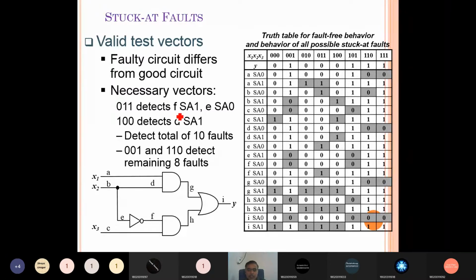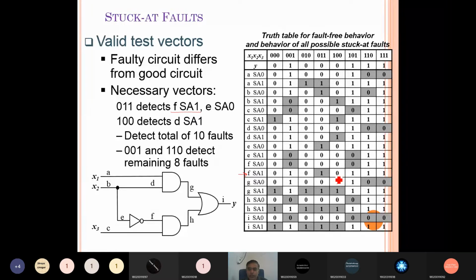So here let's say the F stuck at 1 fault, this line. For F stuck at 1 fault, first of all we have to see the row in which only one output is different from the fault-free output. You have already gone through the tabulation method in logic simulation.